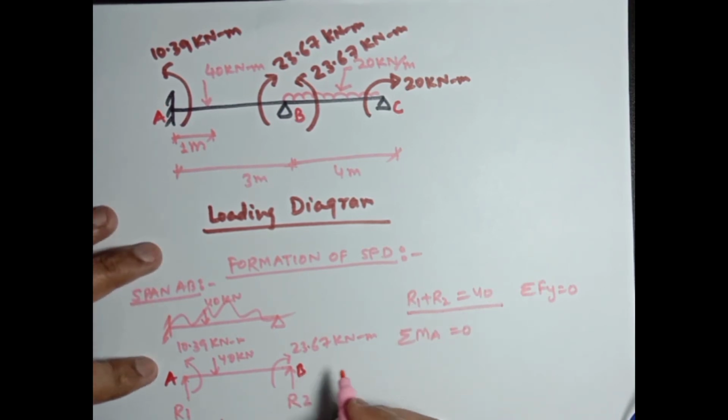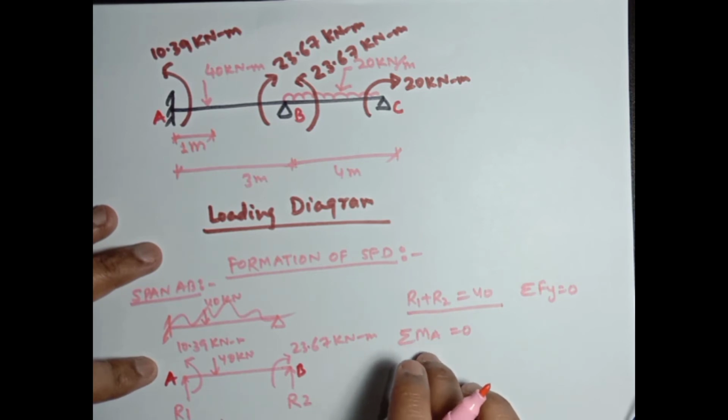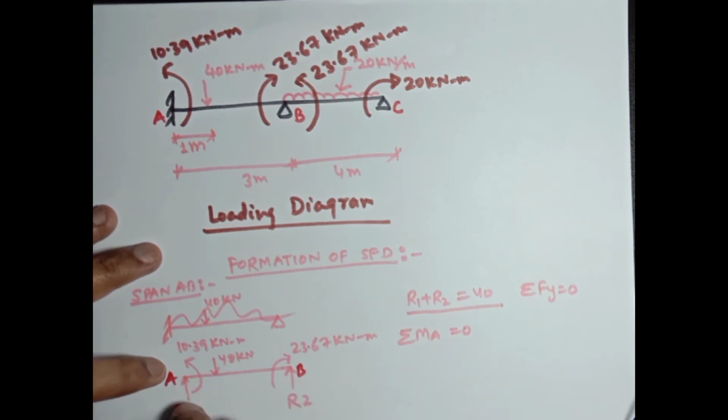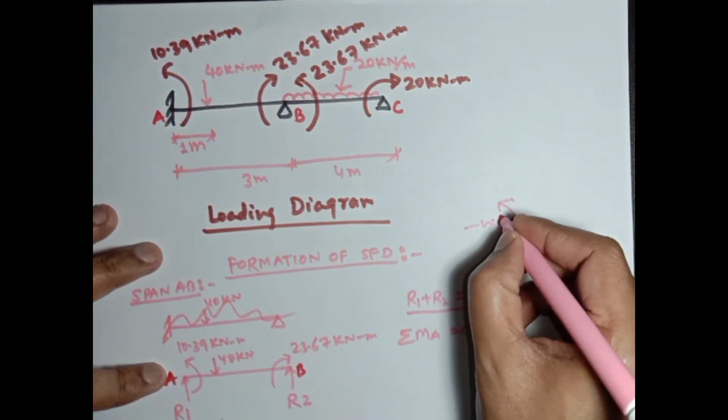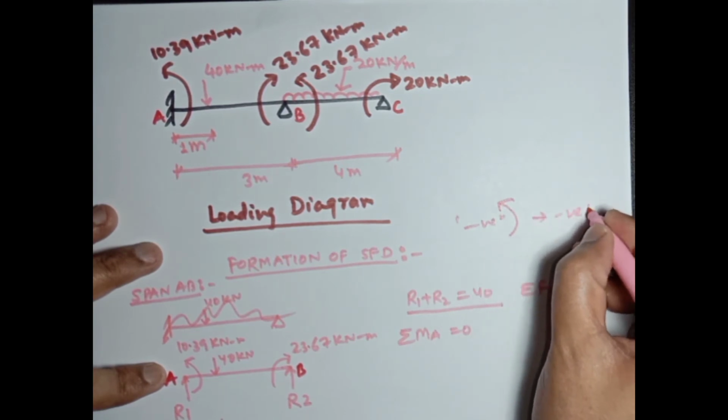Now we are going to find the total moment about joint A. We are taking anti-clockwise moment as negative.